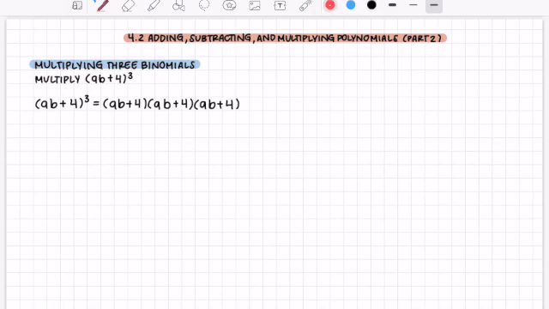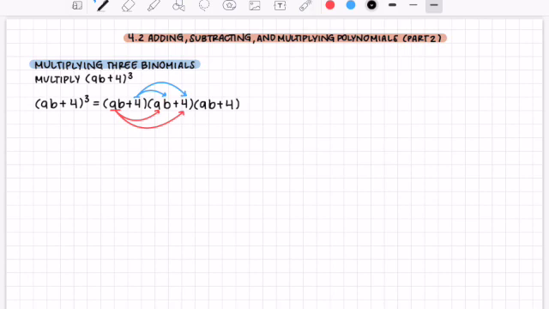I'm going to use the foiling method. Start off with these 2 factors. So multiply ab with ab, multiply ab times 4, and then afterwards I'll multiply 4 with ab, and then I will multiply 4 with 4. And I'll leave the last ab + 4 alone on its own.